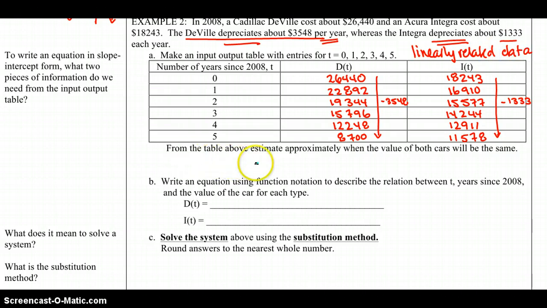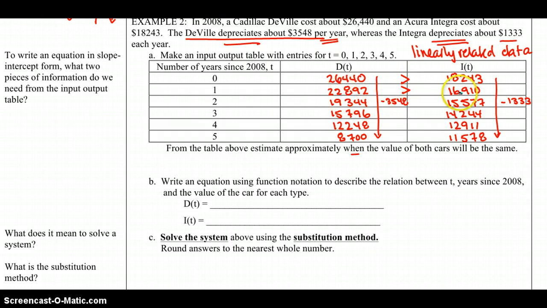From the table above, it says to estimate approximately when the value of both cars will be the same. So initially in 2008, the DeVille was worth more than the Integra. So 26,000 is greater than 18,000. In our next year, that's still the case.